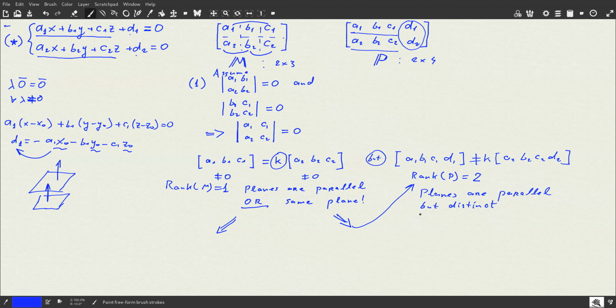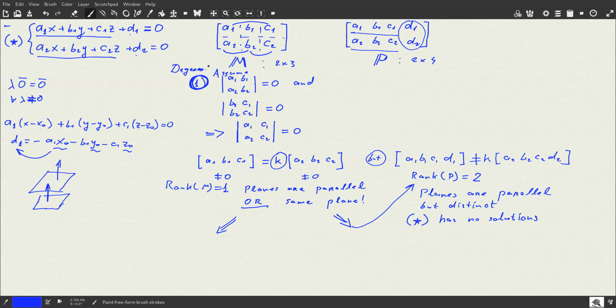So in this case, really, the system star has no solutions. This is quite clear geometrically, and if you try to solve it by elimination, you will indeed arrive at an inconsistent system. So you wouldn't be able to do it. It has no solutions.